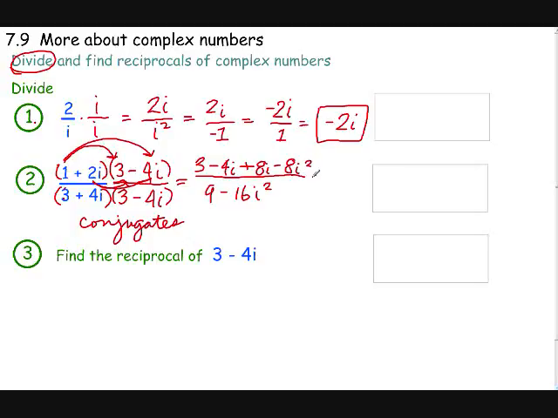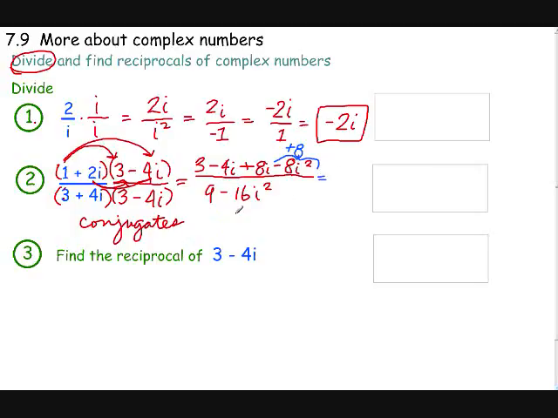Let me extend this so it's clear what I'm doing. I'm going to change my color on my pen for a moment. A negative 8i squared. i squared is the same as a negative 1. So this term here is negative 8 times a negative 1. I can actually re-express it as a positive 8.